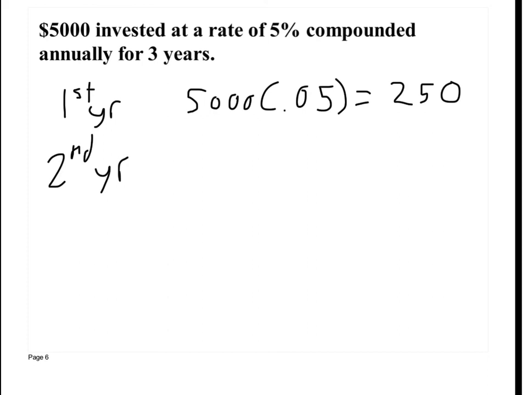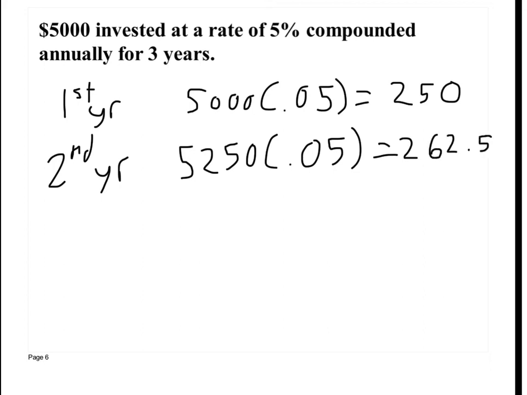For year 2, the principal, what's in there now, is 5,250, because that's how much interest I made plus my initial principal. I take that times 0.05 and I get this, 262.50. So in year 2, because I haven't touched my money, the bank is paying me $262.50.